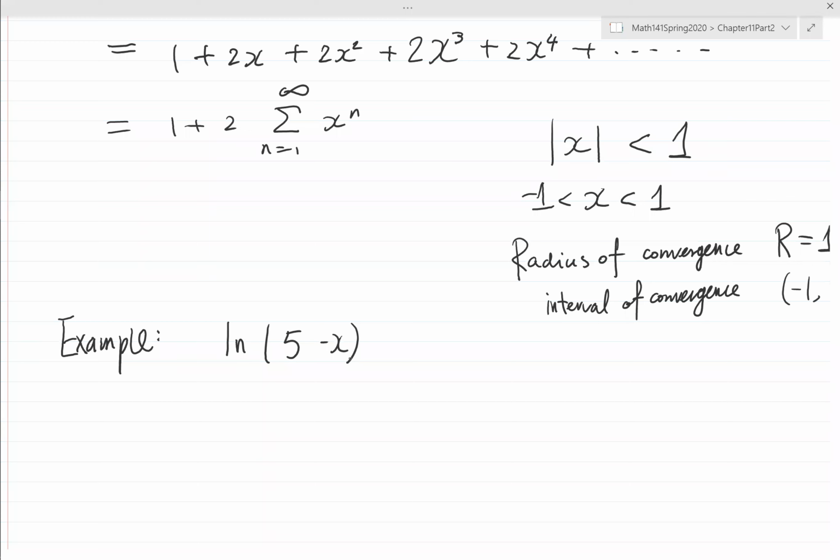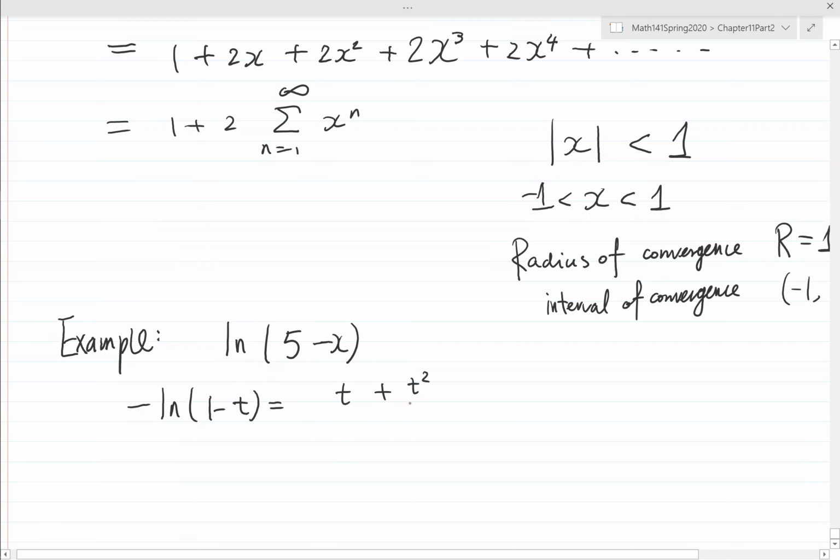Remember we did the ln. We have negative ln(1 minus t) is t plus t squared over 2 plus t cubed over 3, etc. So this is the sum of t to the power n over n, from 1 to infinity.